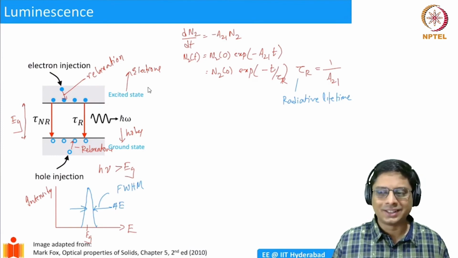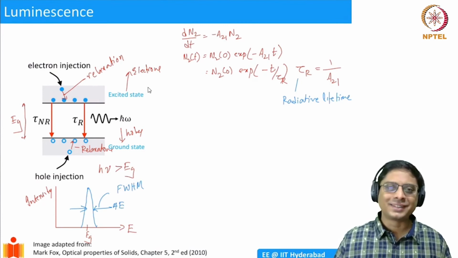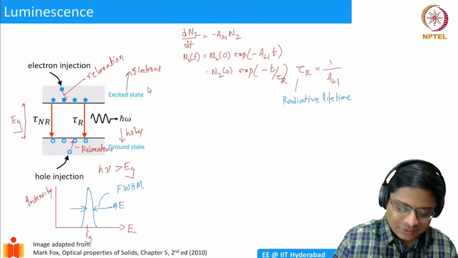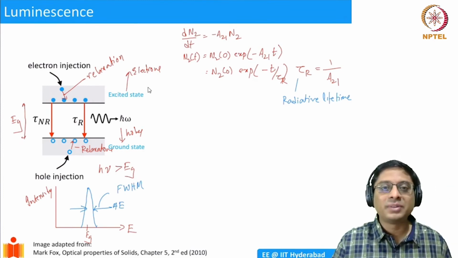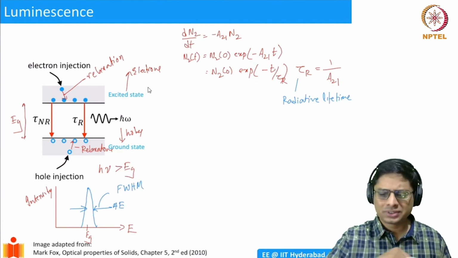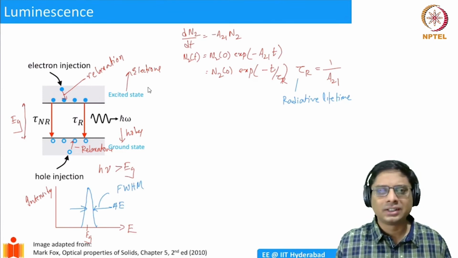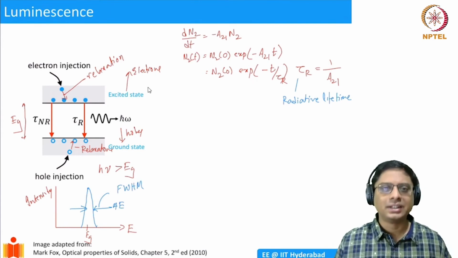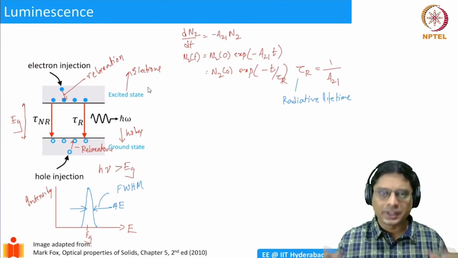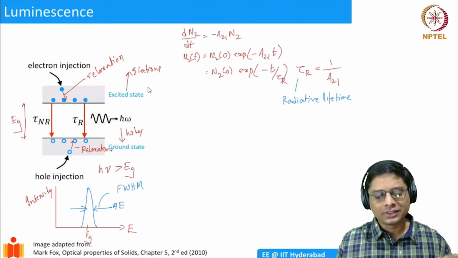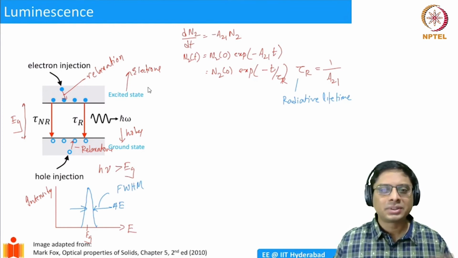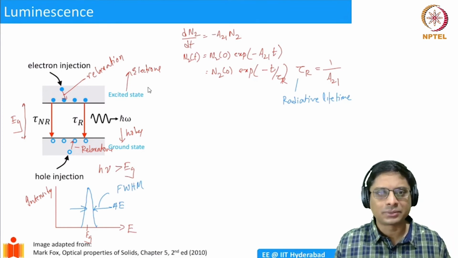But as the name indicates, when there is radiative decay, there's also going to be non-radiative decay. What is non-radiative decay? Well, your electron, instead of emitting a photon, could simply lose its energy to the lattice. The lattice atoms are vibrating whenever the temperature is not zero. So your electron can lose its energy to the lattice vibration, come to the lower state, and get captured.